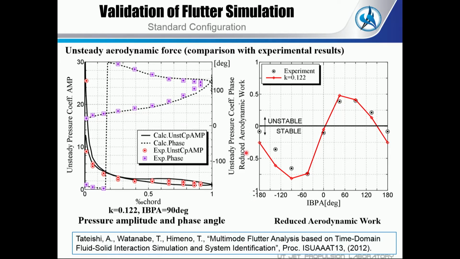And as experimental results, we used standard configuration. We have this kind of standard configurations from standard configuration 1 to standard configuration 11 now. This is provided by KTH in Sweden, Royal Institute of Technology in Stockholm. We can get this information from the website of the KTH. And we use this configuration very often to validate our computation.